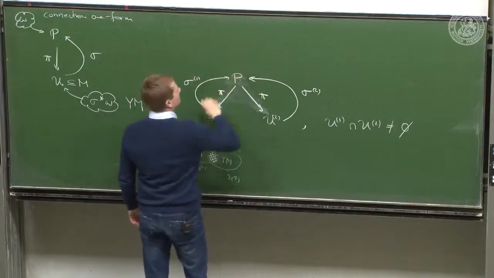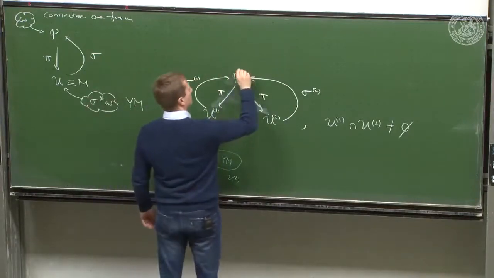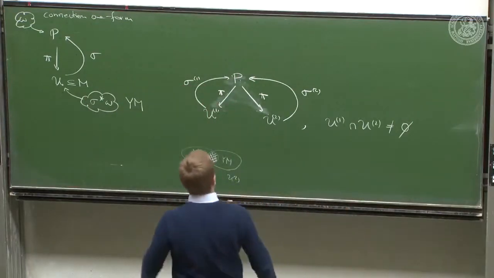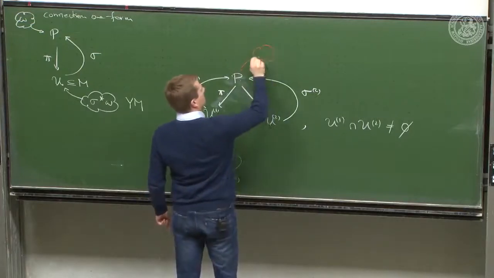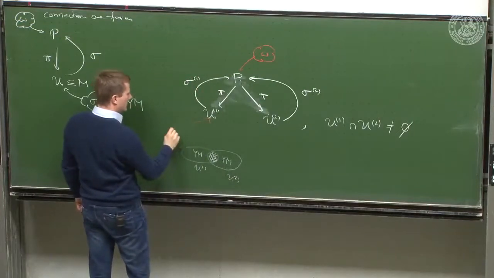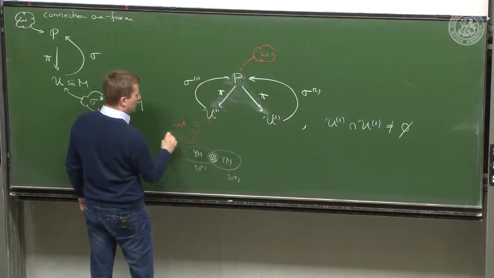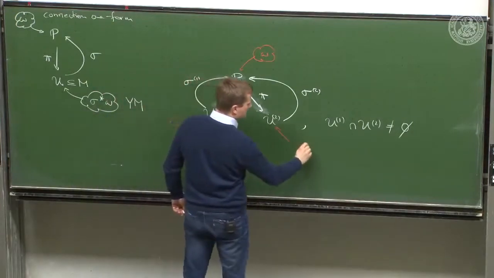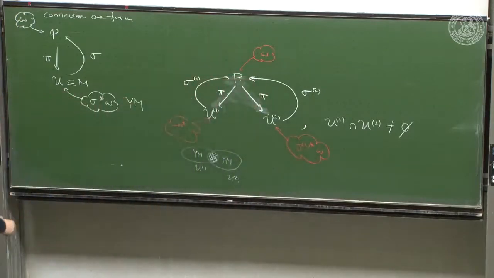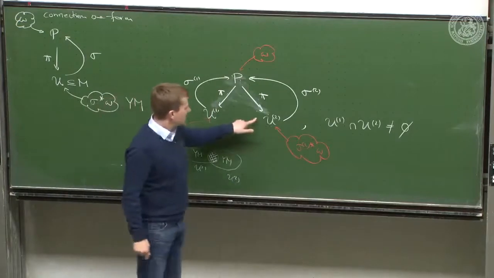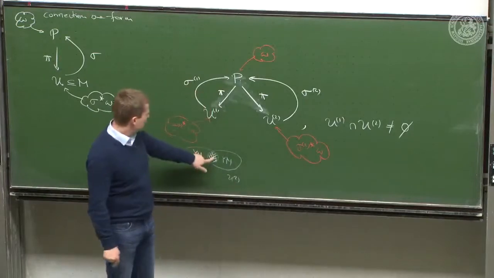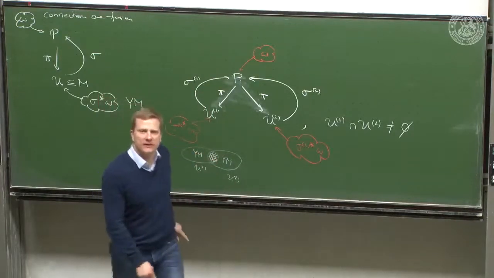And if we have a connection 1 form living up here, we can now have two different Yang-Mills fields on U1 and in U2. Here obviously sigma 1 pullback of omega, and here lives sigma 2 pullback of omega. And what we will be particularly interested in is what's the transition between this one and this one if I restrict attention to the domain where they're both defined.